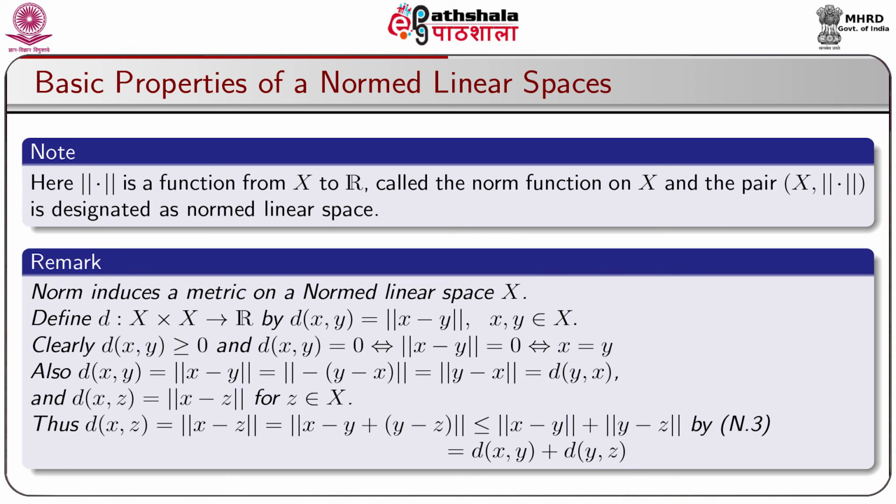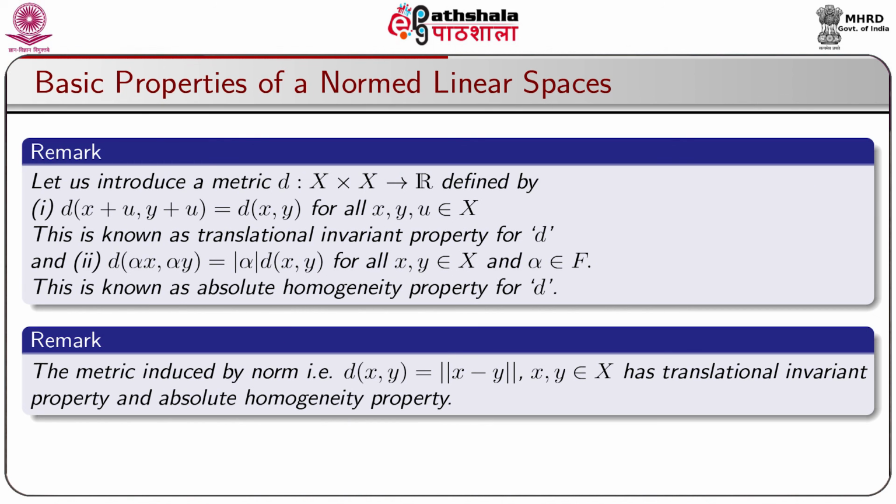And d of x, z is equal to the norm of x minus z for z belonging to X. Thus, d of x, z is equal to the norm of x minus y plus y minus z, which is less than or equal to the norm of x minus y plus the norm of y minus z by N3. The N3 axiom is known as the triangle inequality, which gives d of x, y plus d of y, z. Thus, all the metric axioms are satisfied.